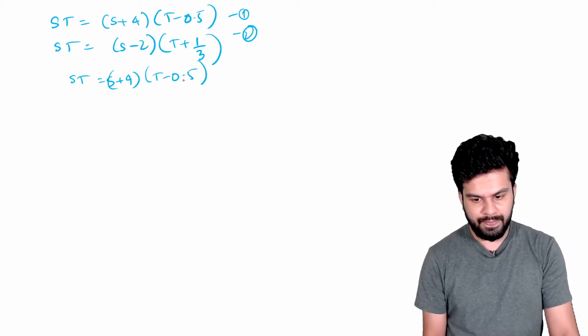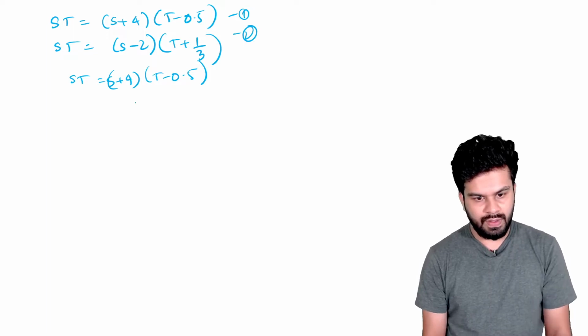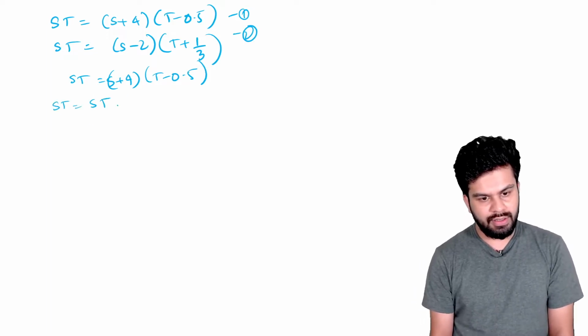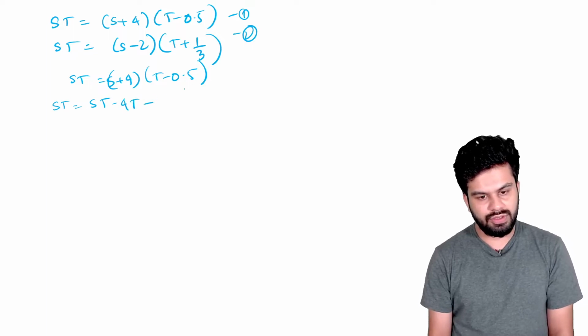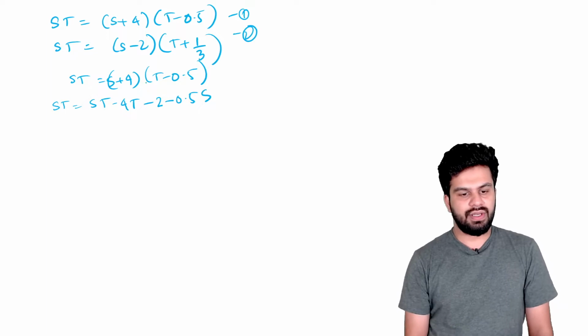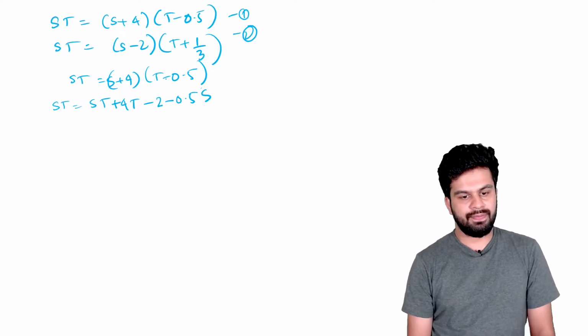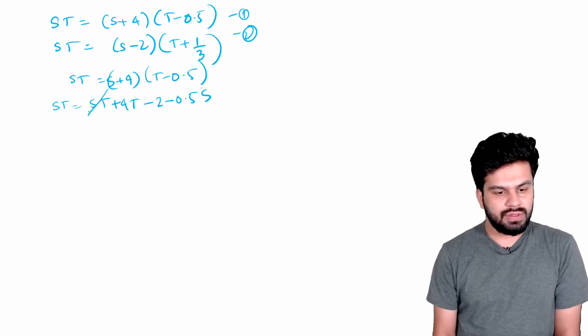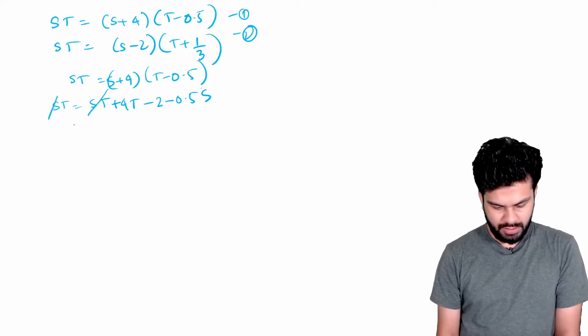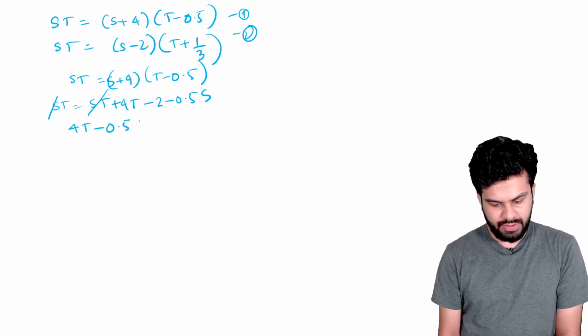So st is equal to st plus 4t minus 4 into 0.5 is 2, and we have minus 0.5s. So st cancels out and your equation is 4t minus 0.5s is equal to 2.